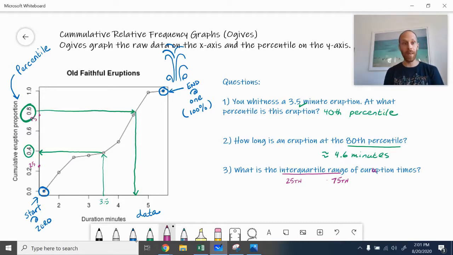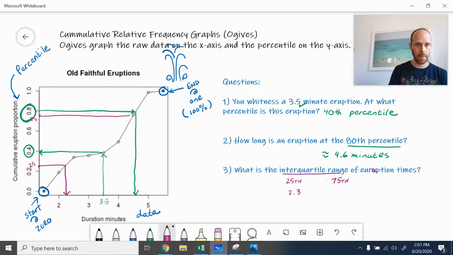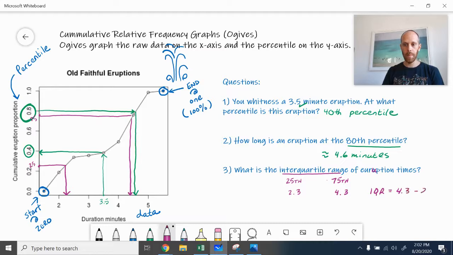Now we are estimating a little bit, and the 25th would correspond to about 2.3 minutes. And the 75th would correspond to, that looks to me like it's about 4.3 minutes. So the interquartile range would be equal to 4.3 minus 2.3, which is going to give us 2 minutes.